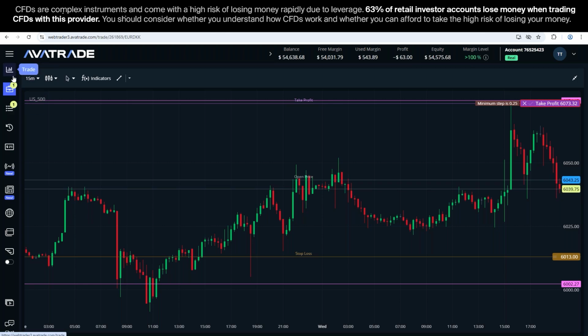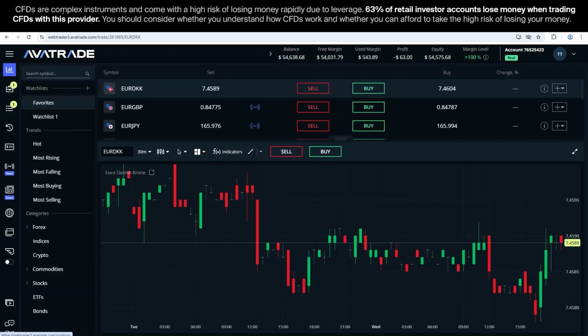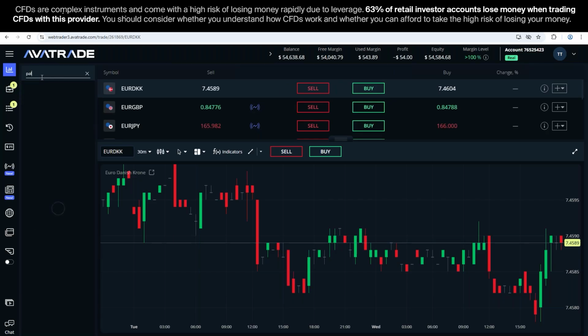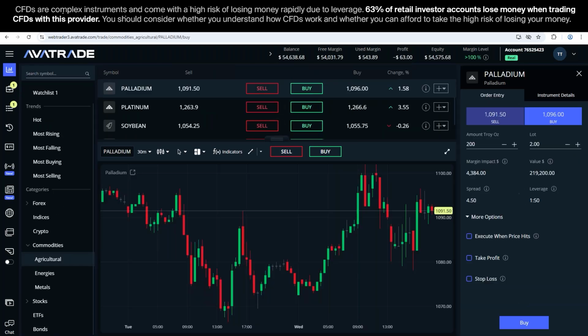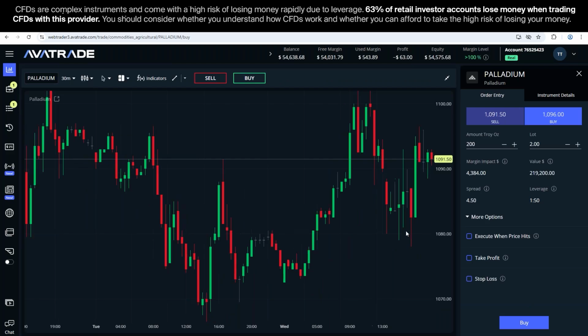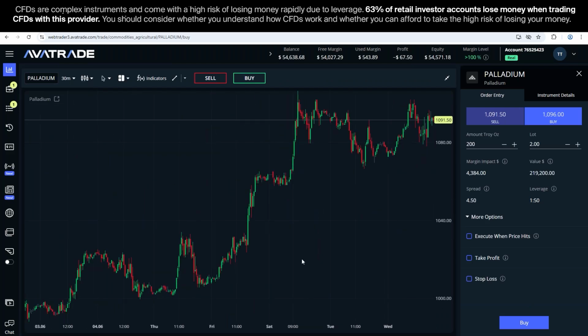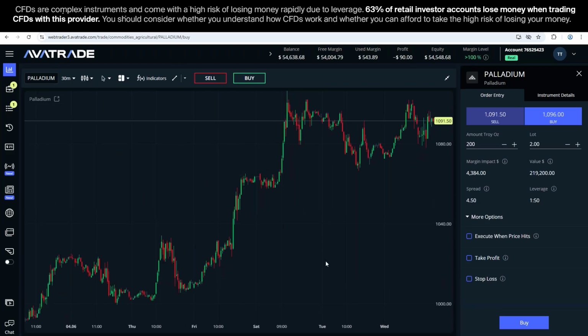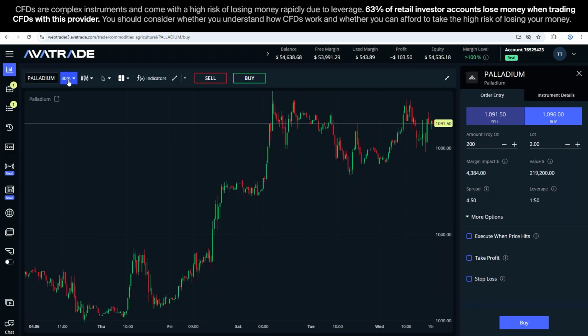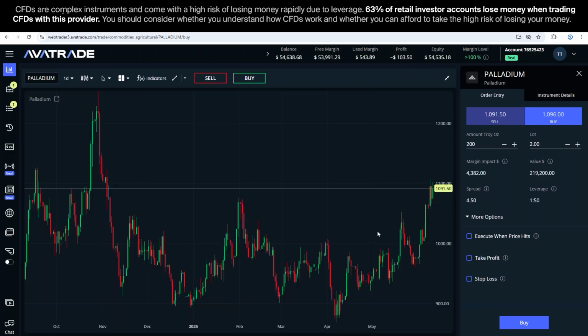Okay, so let's take a look then at some other movements. If we look at palladium, two L's, not one. If we look at palladium, we can see what I was alluding to earlier, that it's been on quite a run, and you'll really see it if I go to, say, 1-day candles.